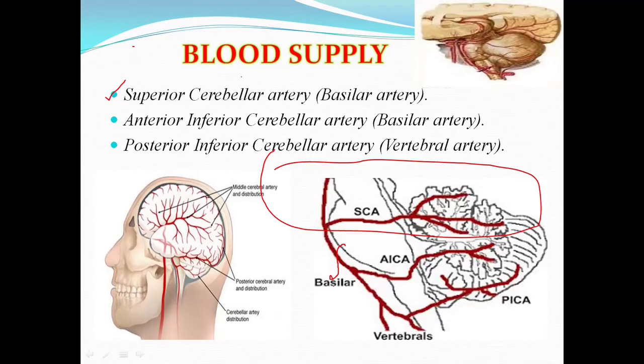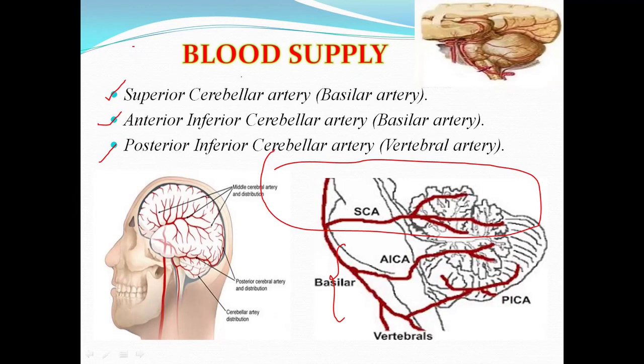The inferior half will be supplied in two portions, upper part and lower part. That is the anterior inferior cerebellar artery and the posterior inferior cerebellar artery, which supply the inferior or lower half of the cerebellum.